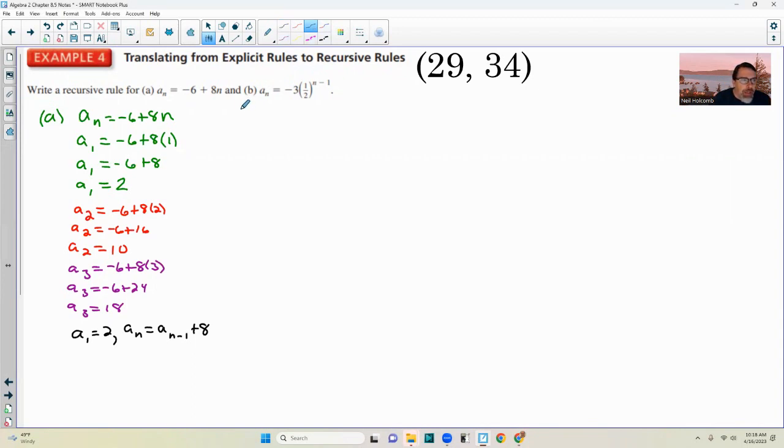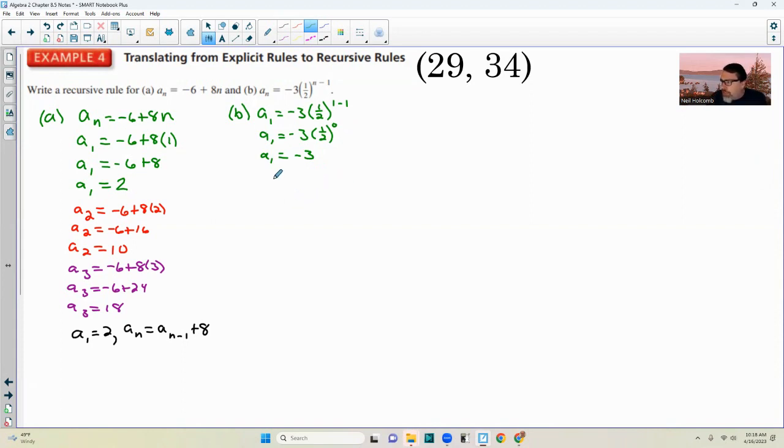So this is B. So A sub 1 is going to equal -3 times 1/2 to the 1 minus 1. So A sub 1 is going to be -3 times 1/2 to the 0. So 1/2 to the 0 is 1 times -3 is -3. So our first term is -3.